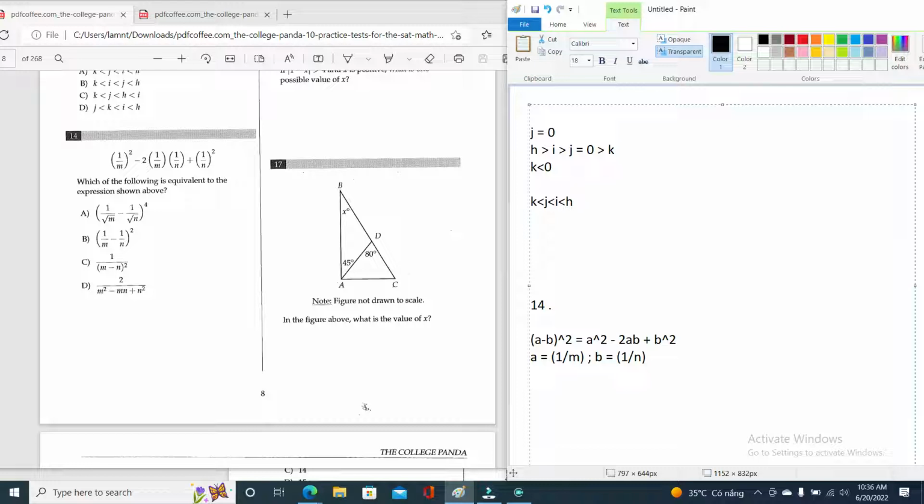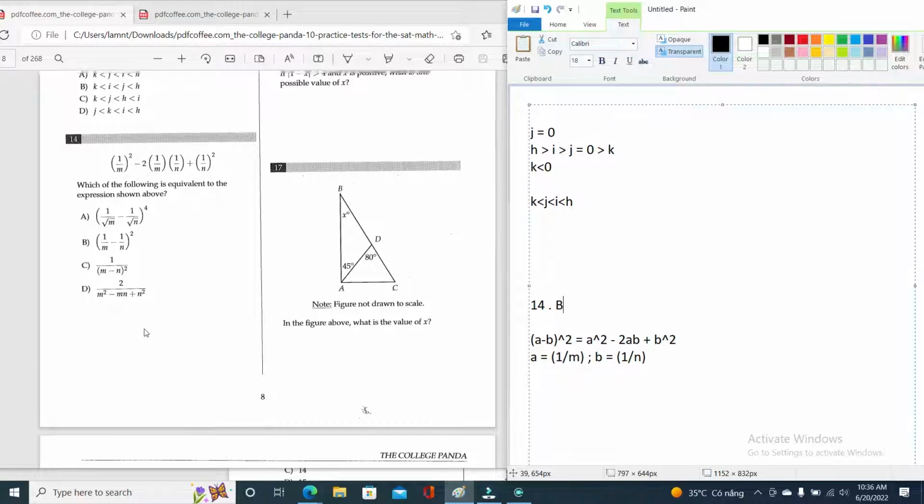Because you replace a with 1 over m and b with 1 over n, you get the portion a minus b squared, which is 1 over m minus 1 over n all squared.